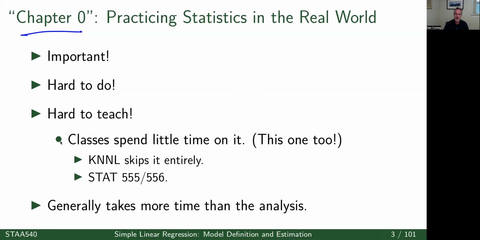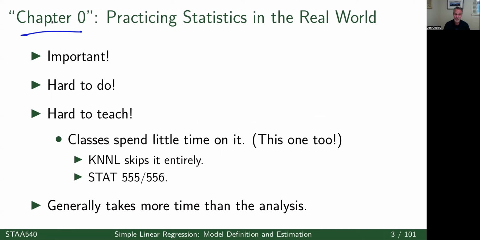Most classes spend very little time on the statistical practice. We spend our time over in Mathland talking about models and properties. And this class is very much going to spend its time pretty much in Mathland, developing the properties of these models. Our book, which we'll refer to as KNNL, skips this entirely.